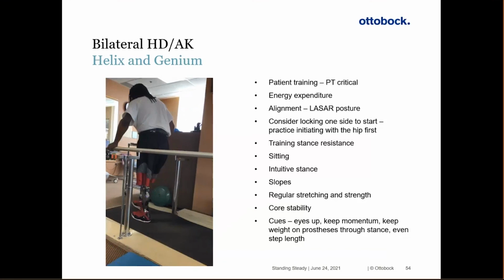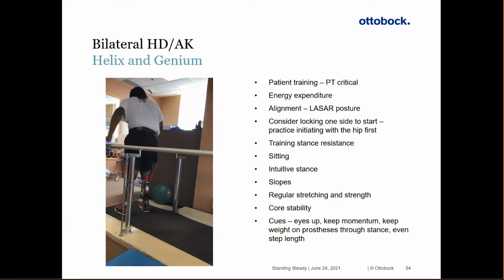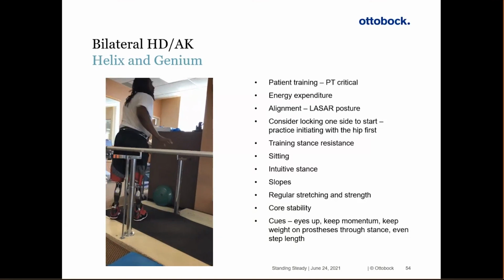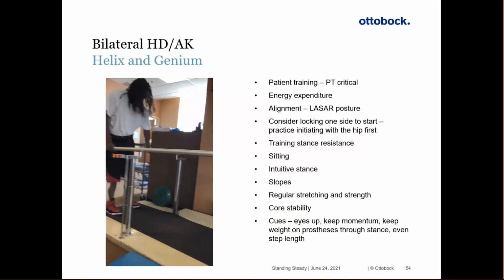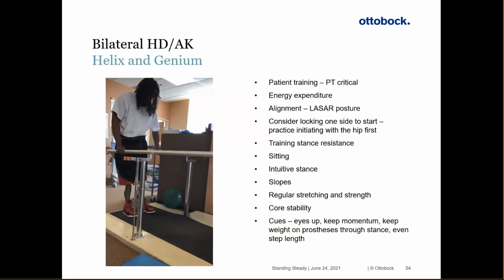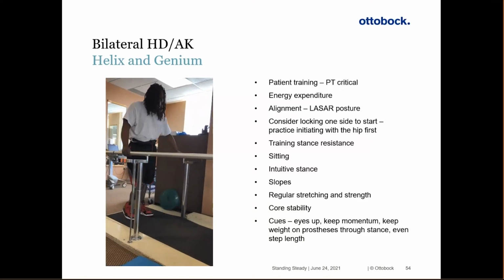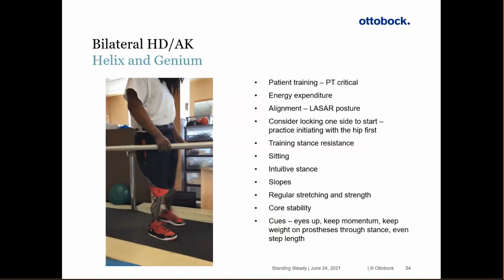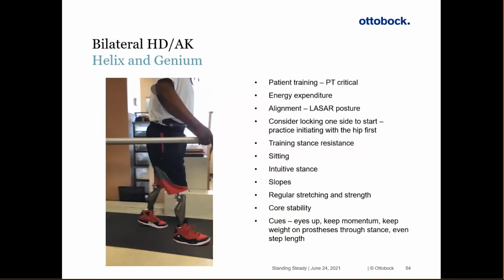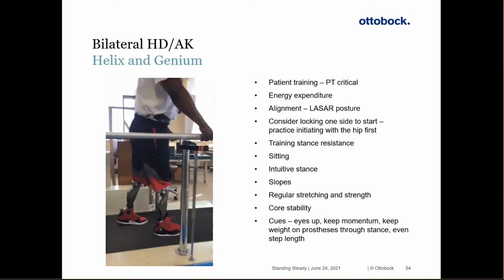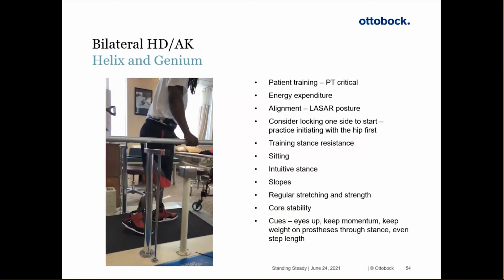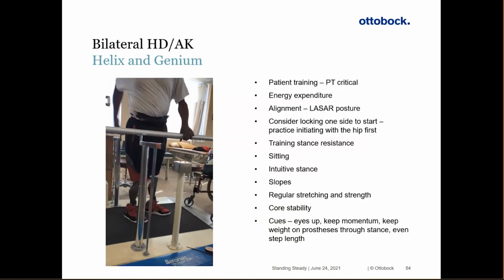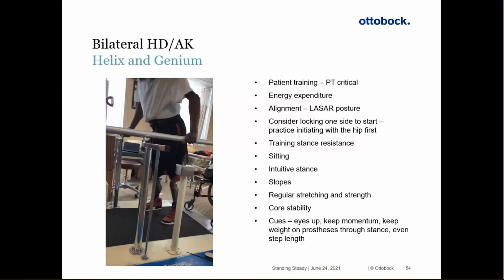I know it says it in the title, but I was going to ask that question, what else is going on with him? So on that left side, he has a Helix hip as well. So really a high level, but he's doing awesome. He's working. This is our first day of fitting him. So he's working to gain that strength, and then progressing to slopes and all the different things.